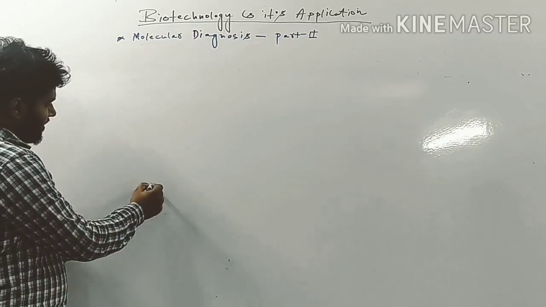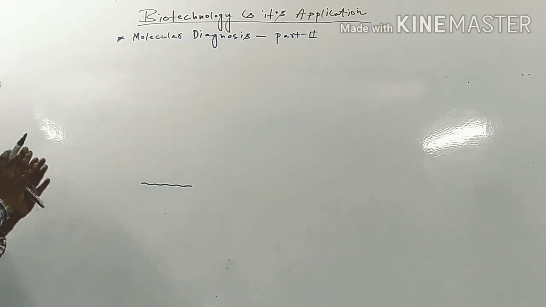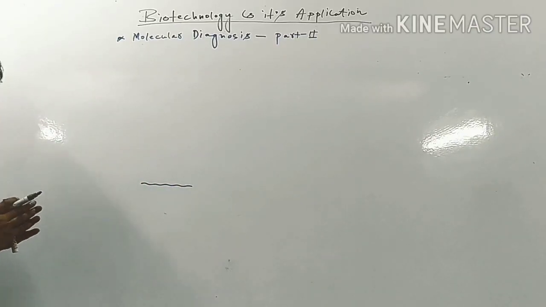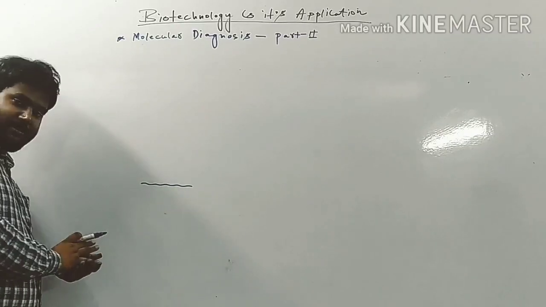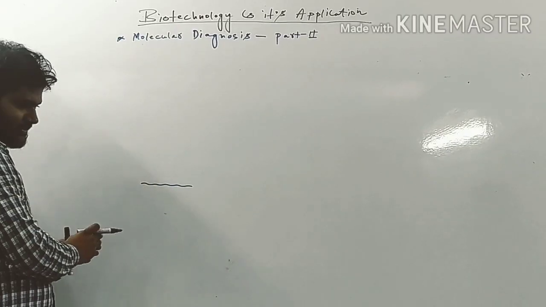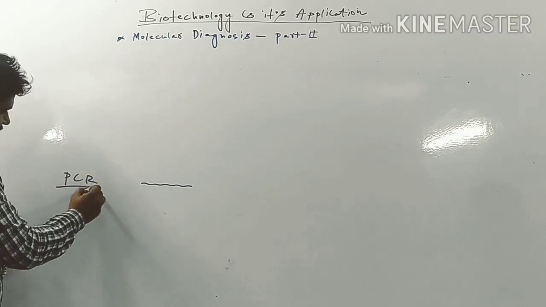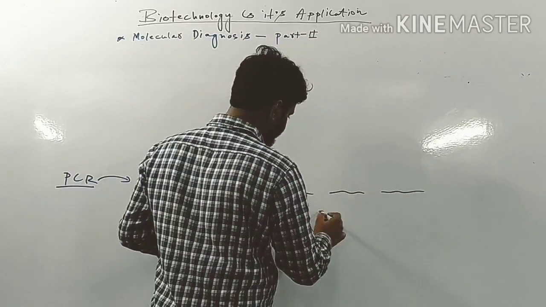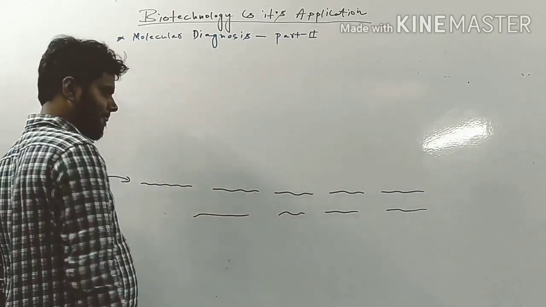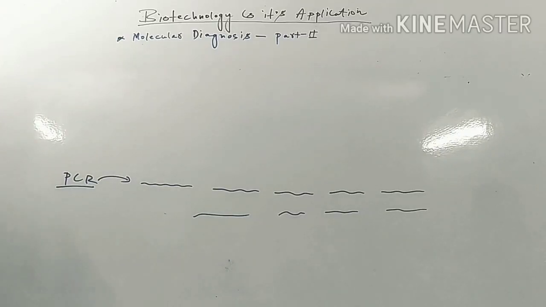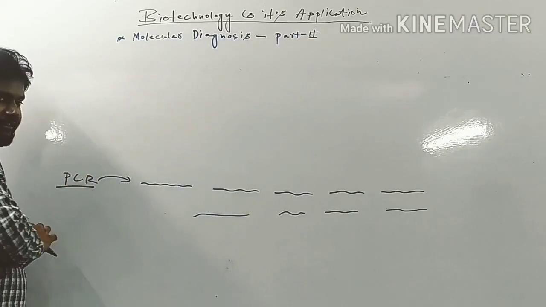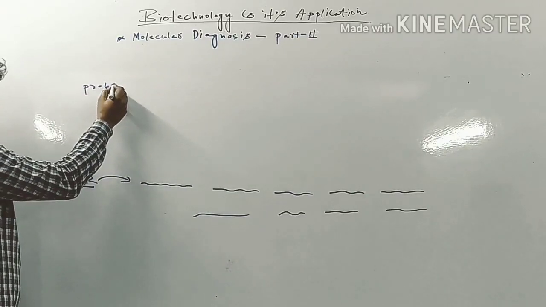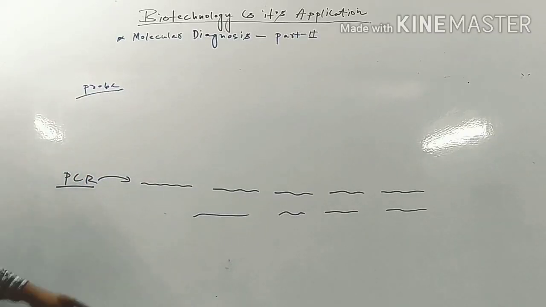Suppose this is one gene or DNA fragment, and you suspect there could be a mutation. First you use PCR on it and make many copies. Also, you have to create the complementary probe against this. For example, you know the sequence of the gene you are suspecting.